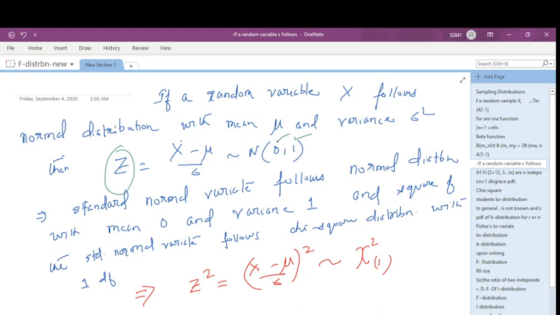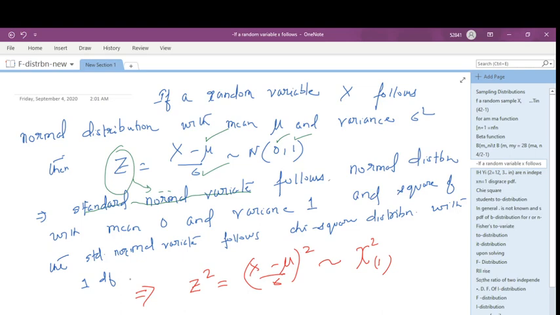Here mu is the population mean and sigma is the population standard deviation. So to convert it to the standard normal variate, which we call z, x minus mu by sigma becomes a normal distribution with mean 0 and variance 1. This is a very standard format, right?